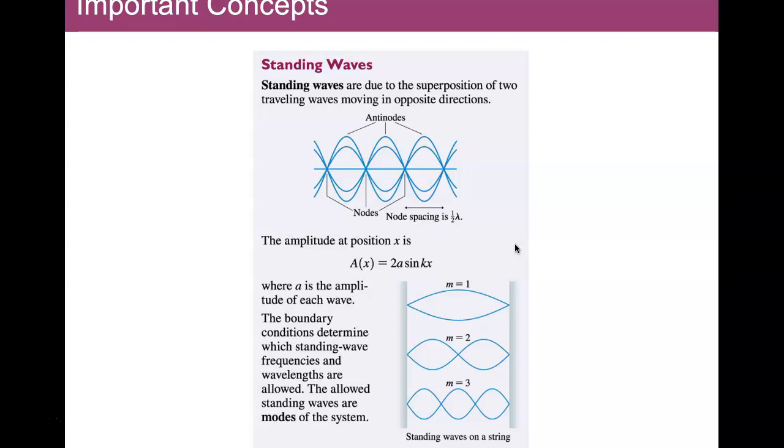We played quite a bit with boundary conditions. So if you had fixed boundary conditions where the displacement is 0 at two boundaries, then the wavelength can only be certain quantized values, right? So you can just fit an integer number of lambda over 2's inside your length. So your length must be an integer times lambda over 2.